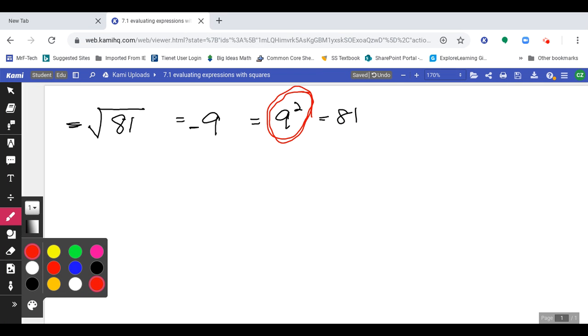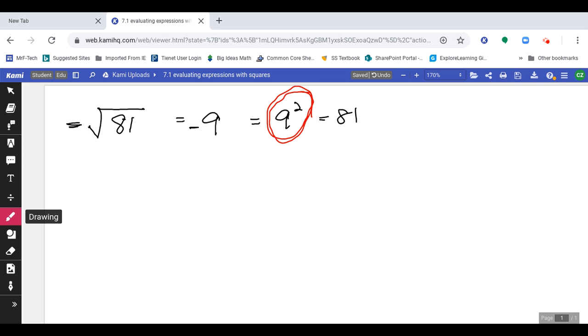All right. So I want to show you a couple of expressions, and we'll go through a few. One of the other things I really want to quickly show you is if you see this plus or minus outside the radical sign, and the radicand is 81, you're going to have negative 9 and positive 9 as your answers. Okay?